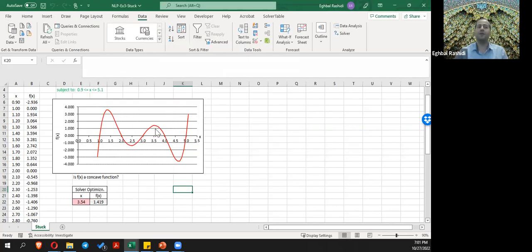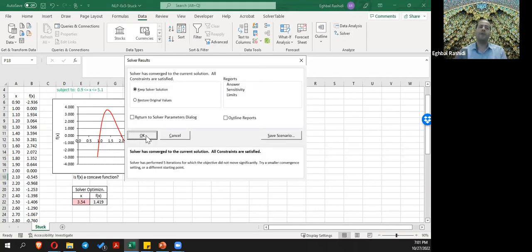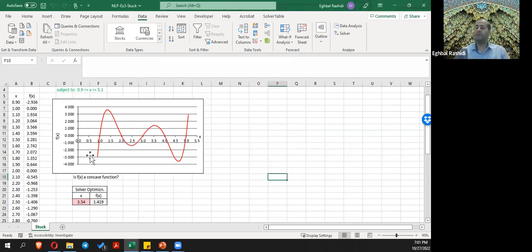Yeah, it is stuck here. Right? Let me try with 2.5. Yeah, it goes back to here. But if I start from, kind of guided to not go to this one and go to this one, for example, I start from 1, say 1 here.